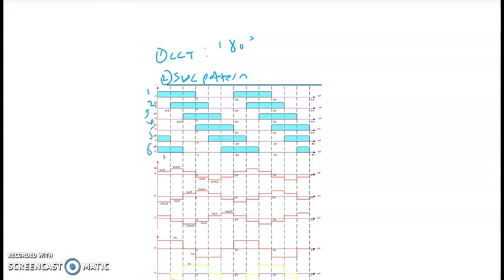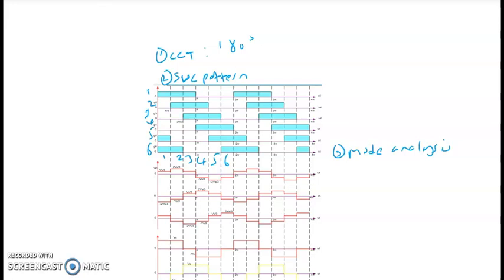The third step is our mode analysis, modes 1, 2, 3, 4, 5, 6, and it repeats after. This completes the first cycle, then it repeats for other cycles.